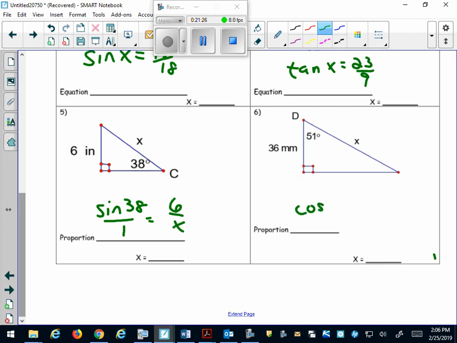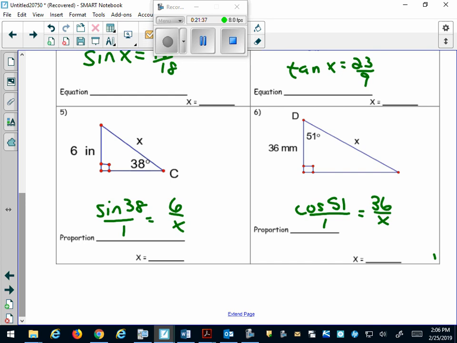And cosine of 51 over 1 equals 36 over x. So if you have them set up correctly, now you can go back and solve them. Remember, if the x is on the bottom, like these two, you're going to end up dividing, right? 6 divided by sine 38, etc.